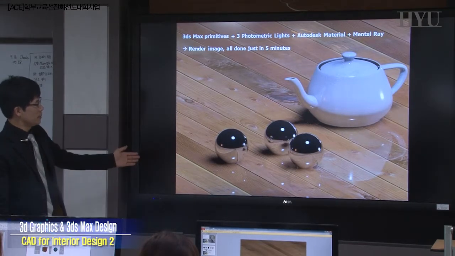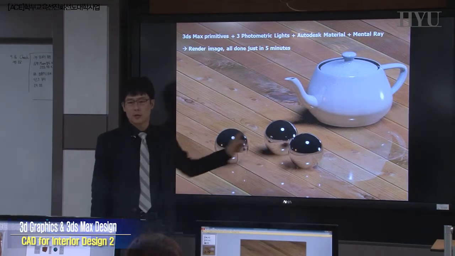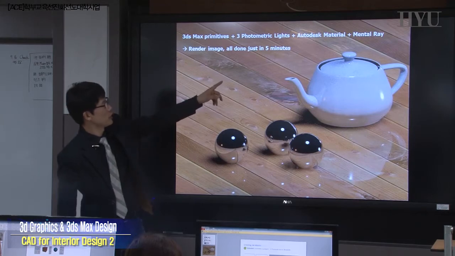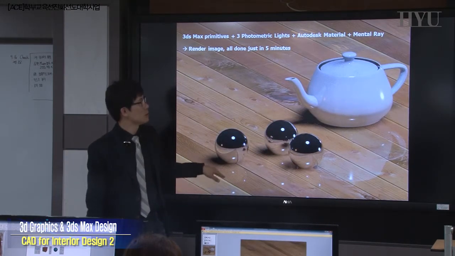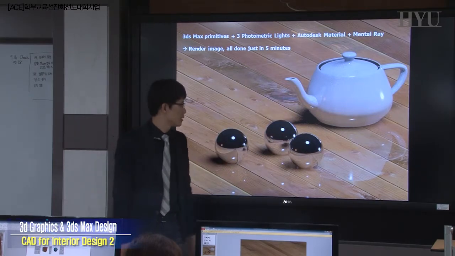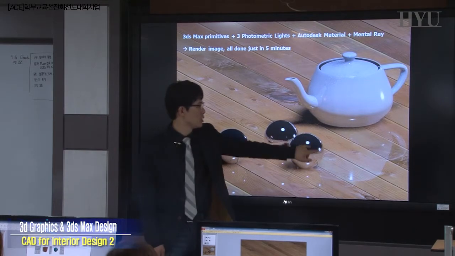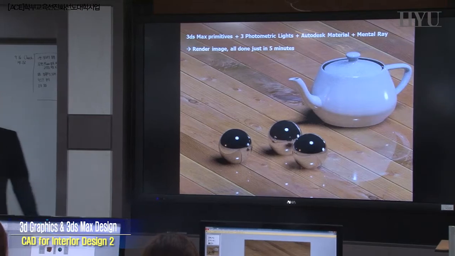Take a look at this example. There is only one single plane, 3 mirror balls and 1 teapot, with Autodesk materials assigned, ceramic and chrome and wooden floor, and 3 lights, 1 yellow light and 2 white lights, photometric lights, and mentally rendered.